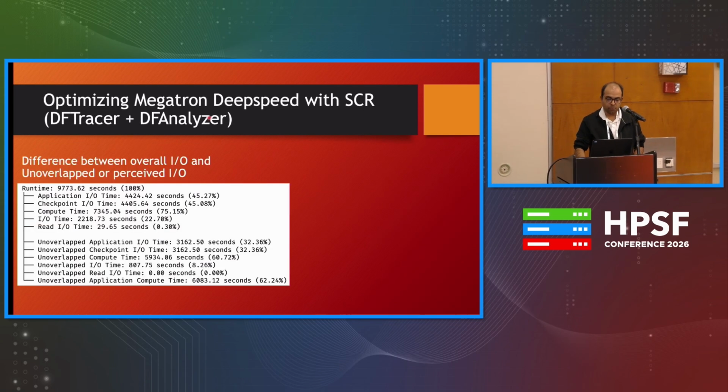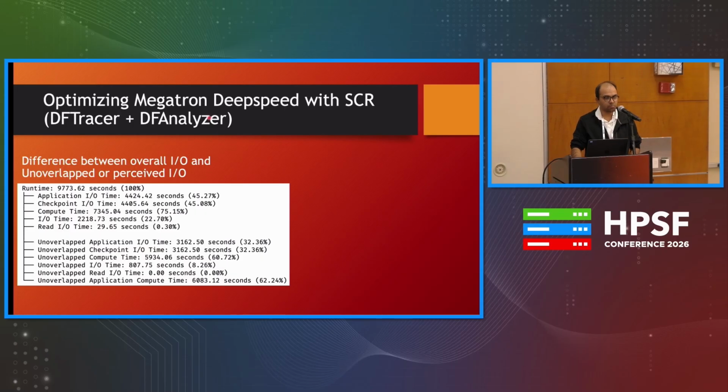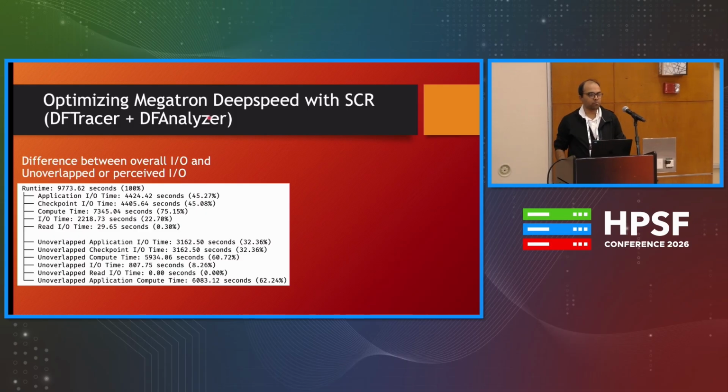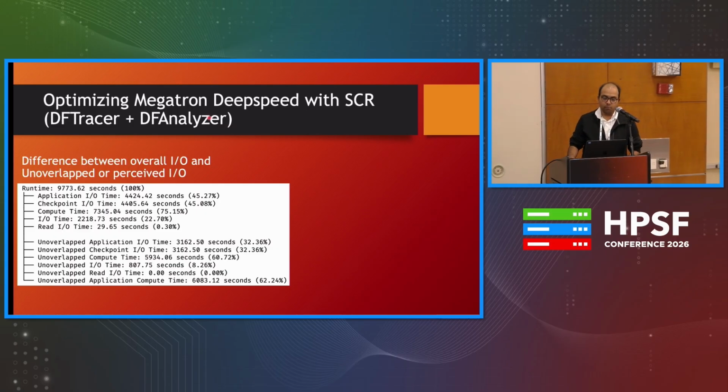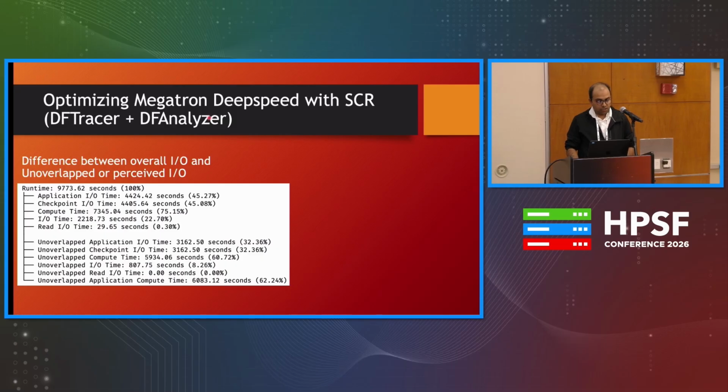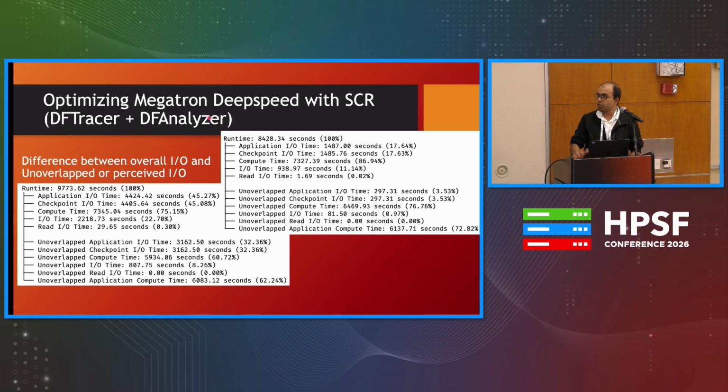So just to give a few quick use cases, this was a workload run, the Llama model running with the Megatron and DeepSpeed frameworks with a checkpointing library called SCR. Initially, when we looked at the application, we were trying to optimize it.